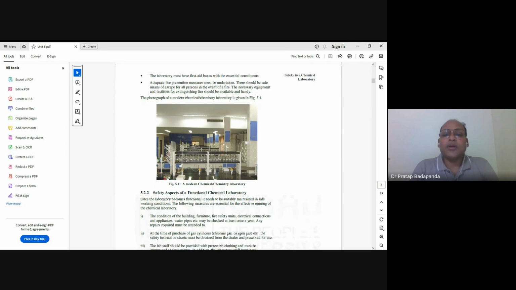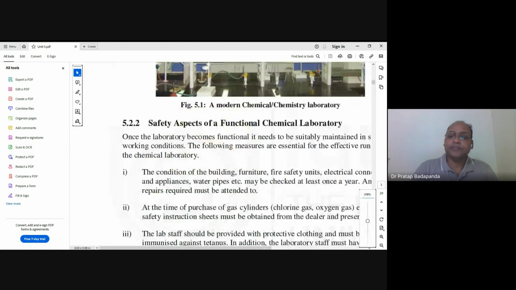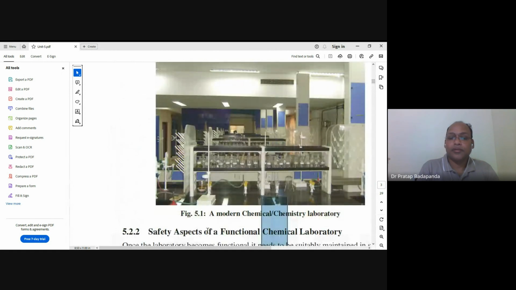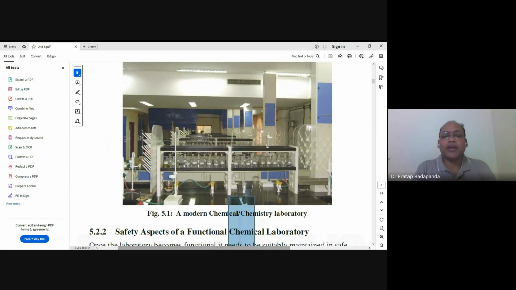Okay. If we come to this point, this is a photograph of a modern chemistry laboratory. I'm zooming this in. This is a type of modern chemistry laboratory for studying, not for working purposes, for studying the lab work.